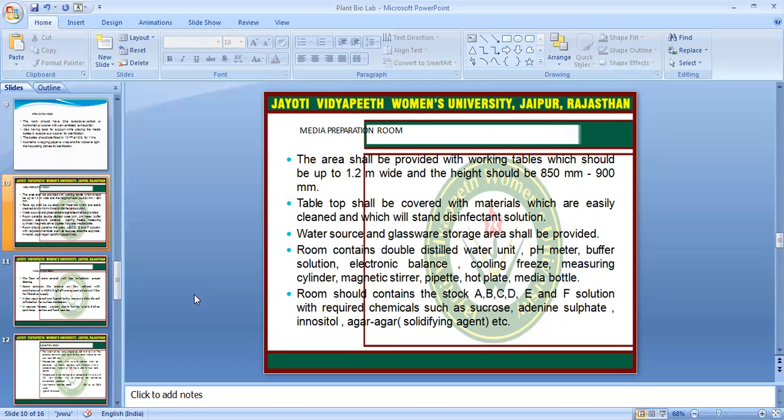A water resource and glassware storage area shall be provided. The room contains a double distilled water unit, pH meter, buffer solution, electronic balance, cooling freezer, measuring cylinder, magnetic stirrer, pipette, hot plate, and media bottles. The room should contain stock A, B, C, D, E and F solutions with required chemicals such as sucrose, adenine sulfate, inositol, and agar-agar, which is a solidifying agent.